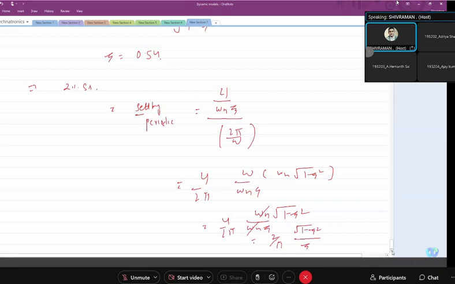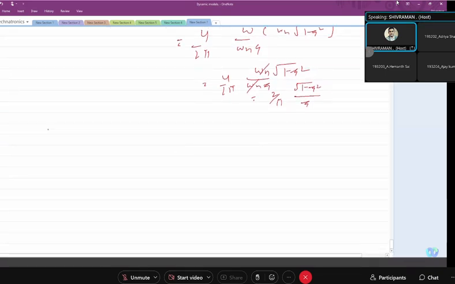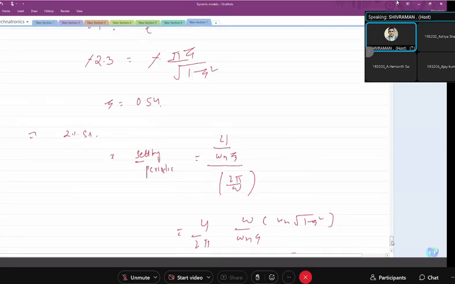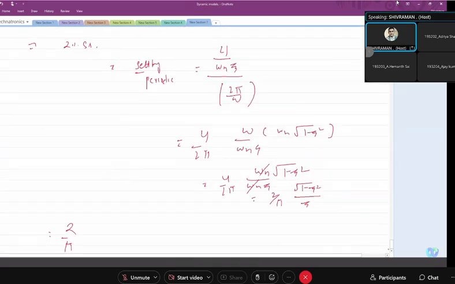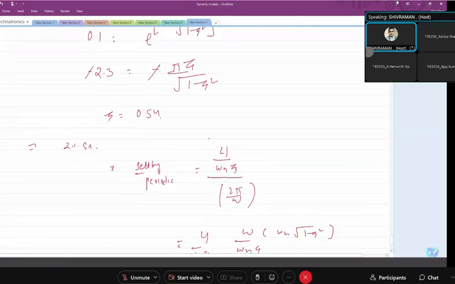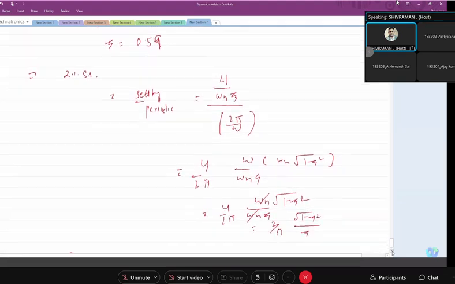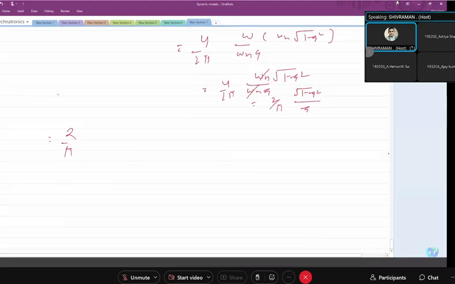So now you got the relationship. So 2 upon pi, and what is the damping factor? It comes out as 0.54. Sorry, 0.54. So 2 upon pi, 1 minus 0.59 whole squared under root, upon 0.59.